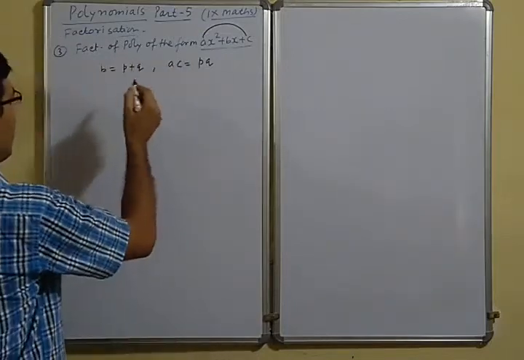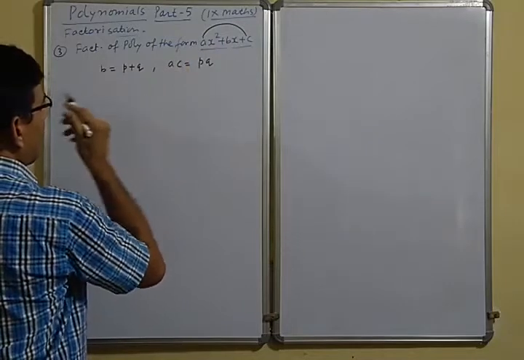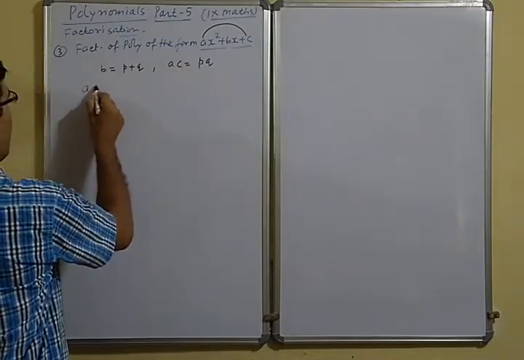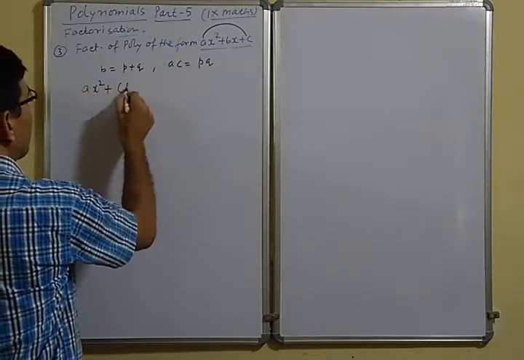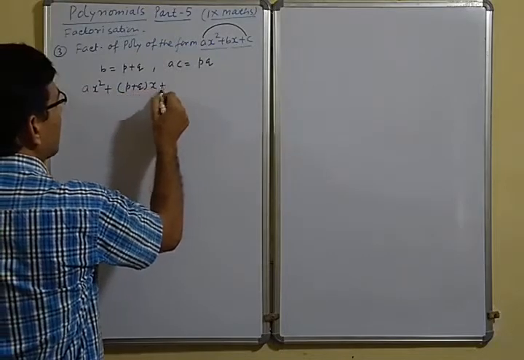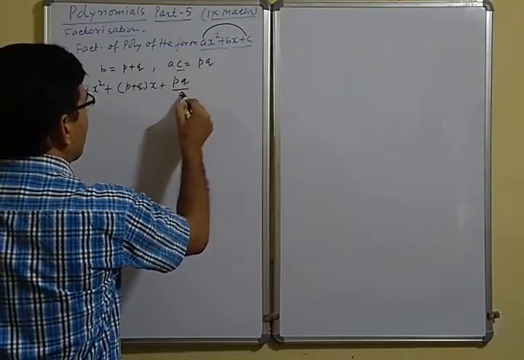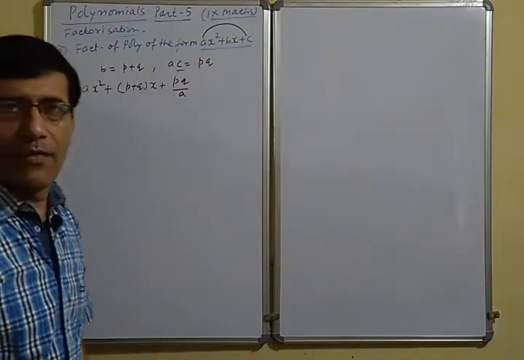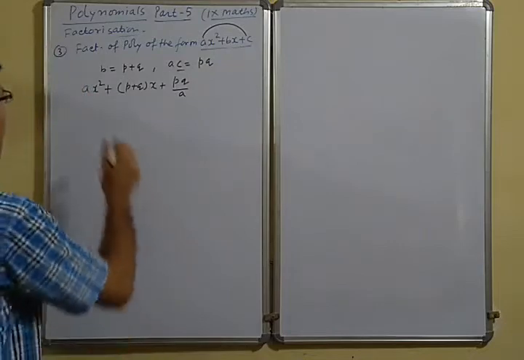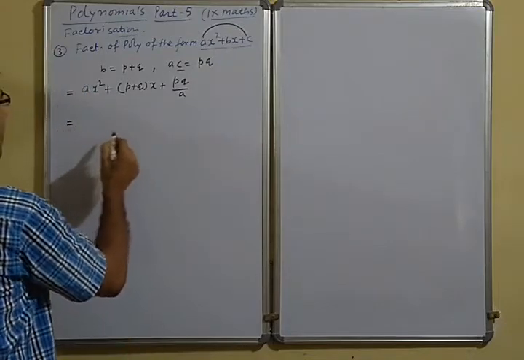Now let us see how we will factorize it. How will we convert it into ax square? This becomes ax square plus b, that is p plus q, into x plus c, and c is equal to pq upon a. So now we will factorize it. Cross multiply. What does it become?